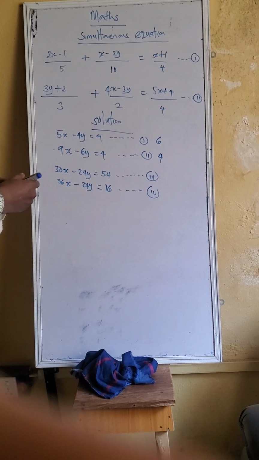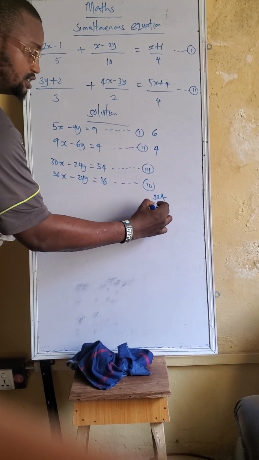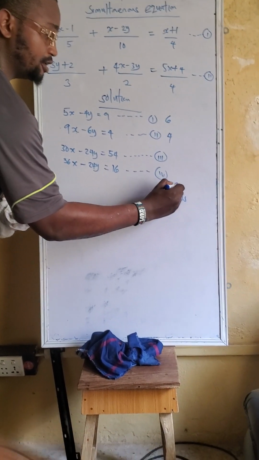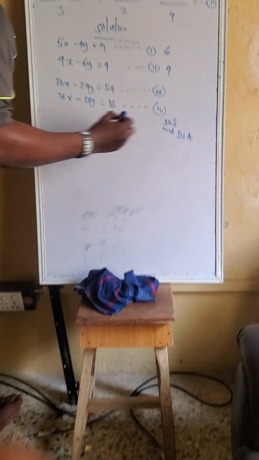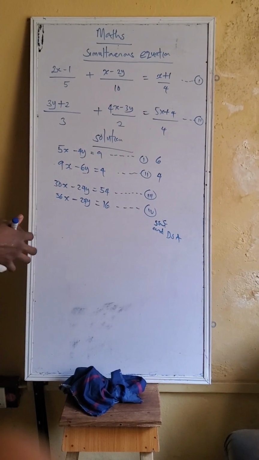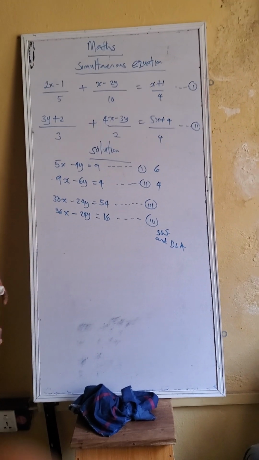Eliminate. I told you guys of what is called SSA and DSA, where I said same sign subtract, different sign add. Now we have the same sign. This is minus, so we are going to subtract.